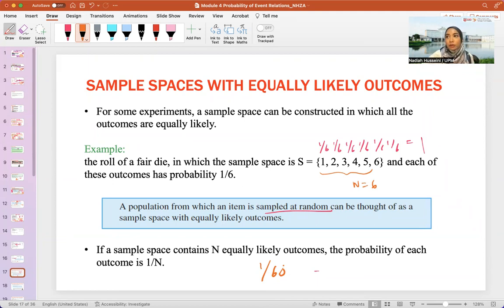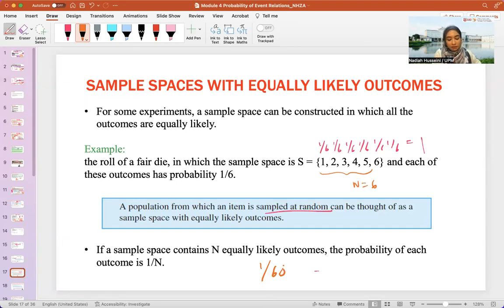I just say, okay, I want to pick 2 people at random to do this exercise. So anyone can be my victim, right? Or my volunteer, that's a nice way to put it. Therefore, everyone is sampled randomly and you have equal chances of being picked, which is 1/60, which is not a lot.